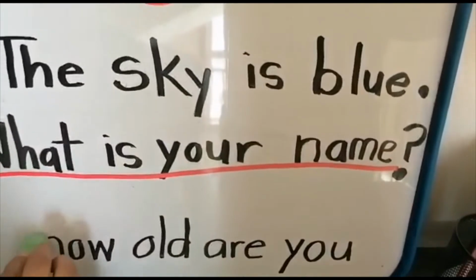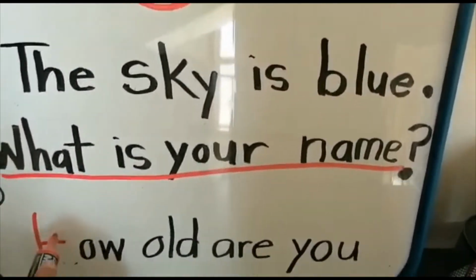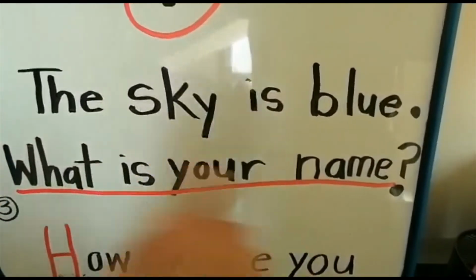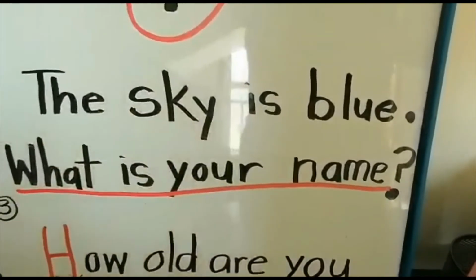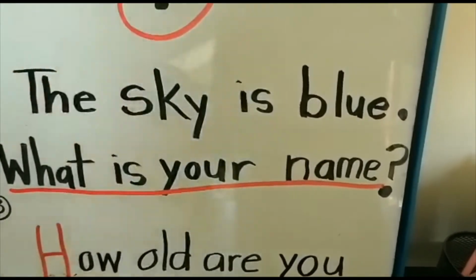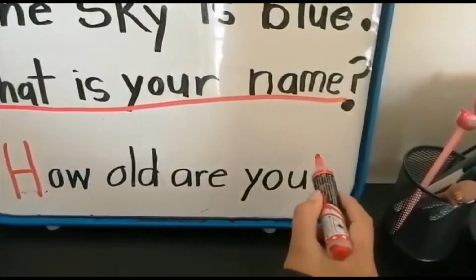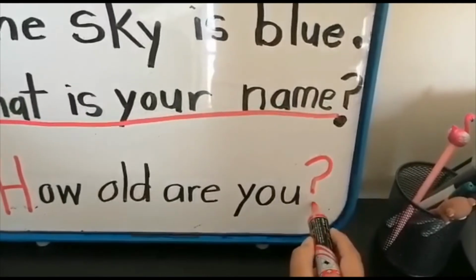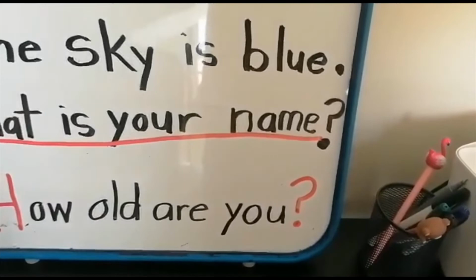Capital letter. So we need to start with capital letter. How old are you? What does a question end with? A question mark. So we need to put a question mark at the end of our question.